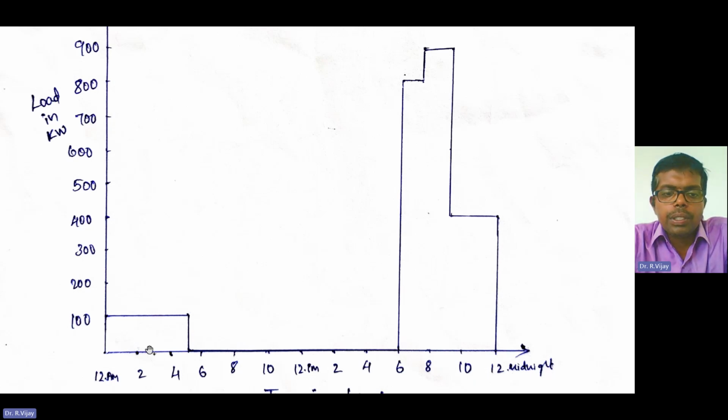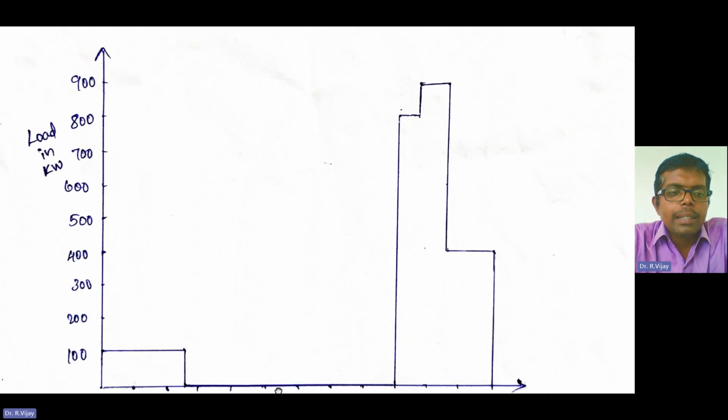Next, we take the load in kilowatt, because in the problem it is given in kilowatt. Based on the problem, you need to choose the scale. I have taken 100, 200, 300, 400, 500, 600, 700, 800, and 900.